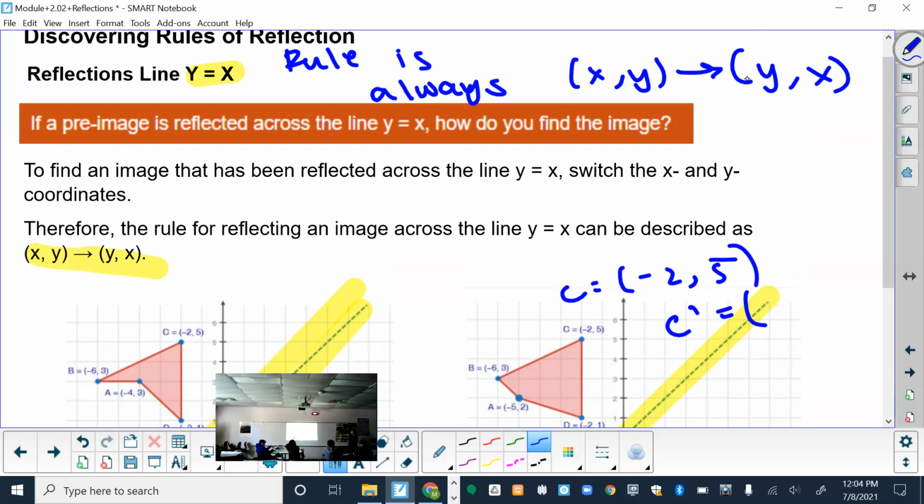All right, so what is the original y value? Right, all right, if you get it wrong, tell me what the original y value is.